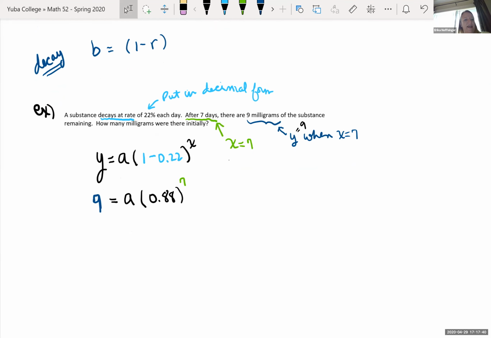Okay, so basically I just need my calculator. I need to get A by itself. I can divide both sides by 0.88 raised to the 7th power to get A by itself. And so A is equal to 9 divided by 0.88 raised to the 7th power.